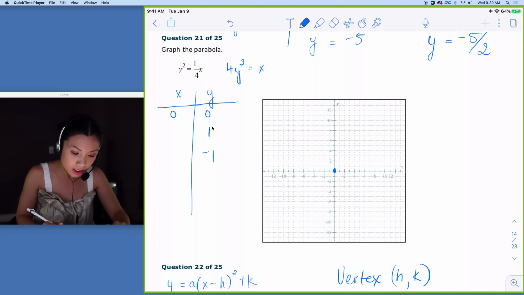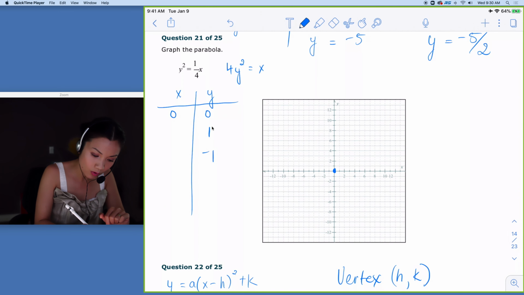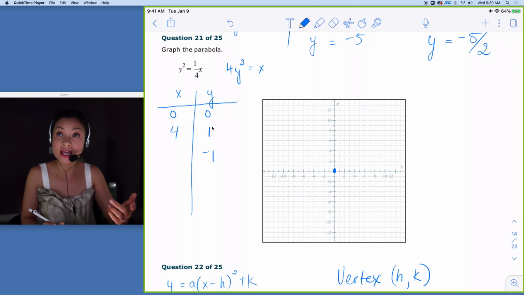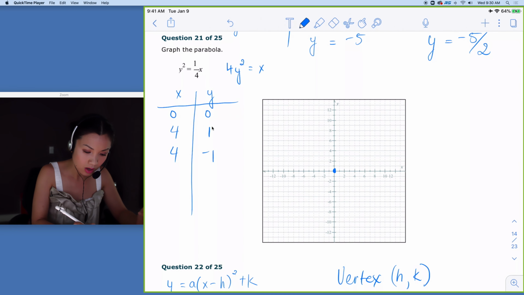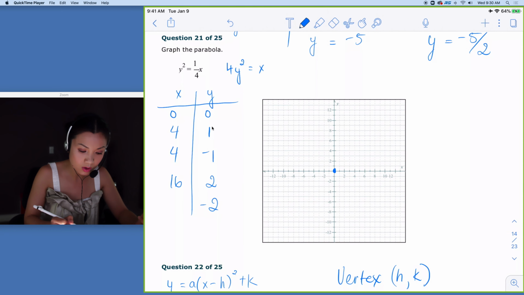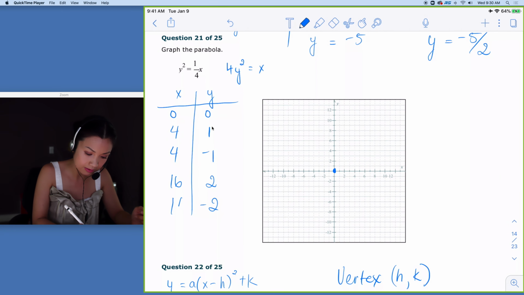So when y equals 1, x equals 4. Y equals -1, x equals 4. When y equals 2, x is gonna be 16. Y equals -2, x is gonna be 16.